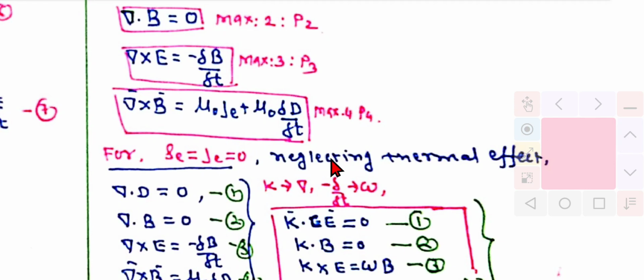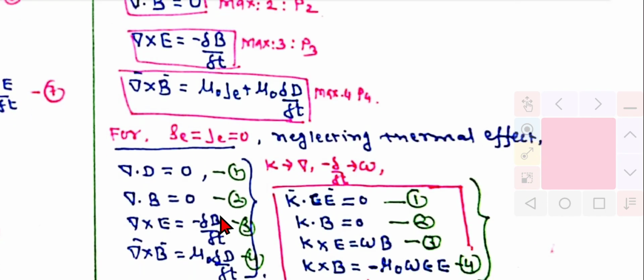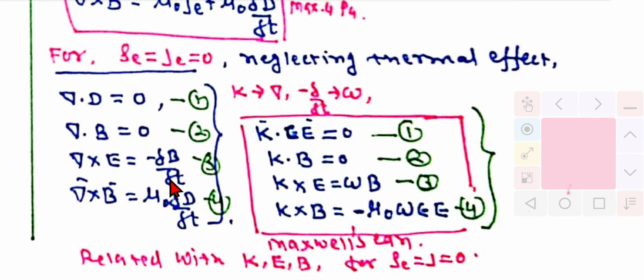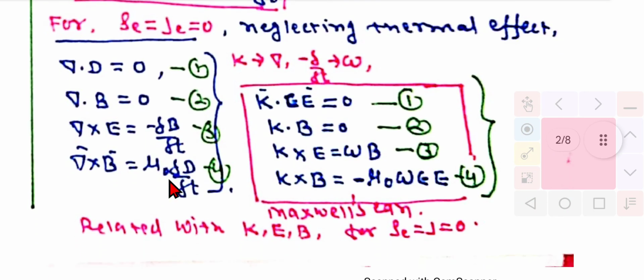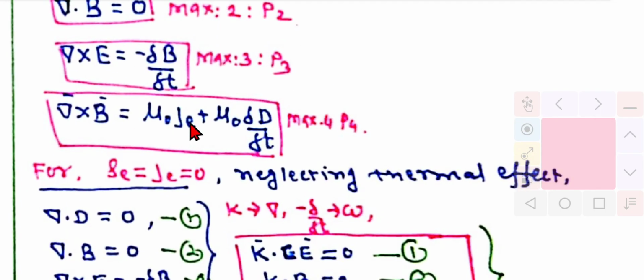Here we are neglecting thermal effect, so rho E and Je must be equal to 0 in all these equations. So del dot D equals 0, del dot B equals 0, curl of E equals minus del B by del T, and curl of B equals mu 0 del D by del T, because J equals 0.